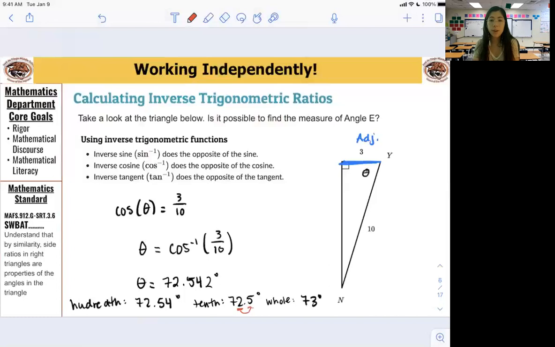A 5. So 5 makes the 2 go up to a 3. Exactly. So I end up with 73 degrees. Okay, any questions on the answer? Any questions on rounding? Questions?